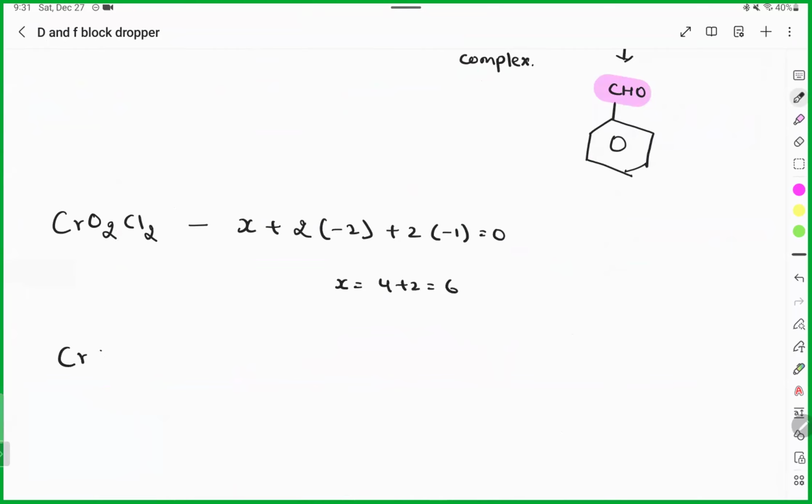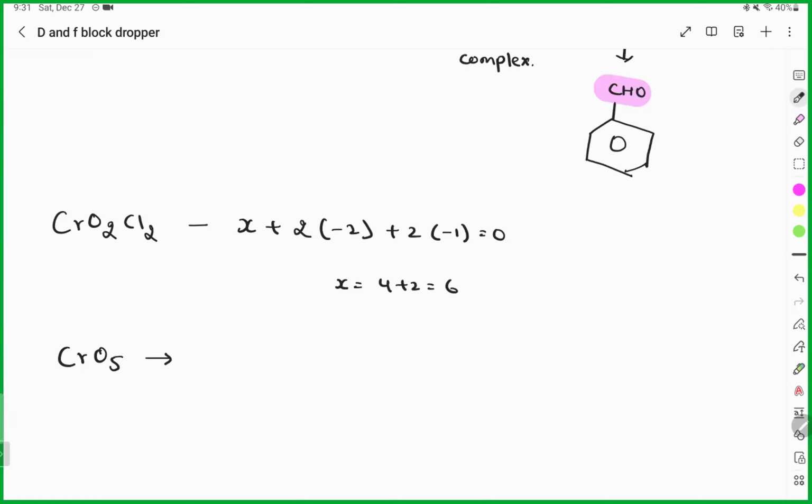If you take CrO5, Samarth, what will be the answer? Sir, 10. Do you think the chromium can have that? It is not possible. Sir, butterfly structure, sir. +6.